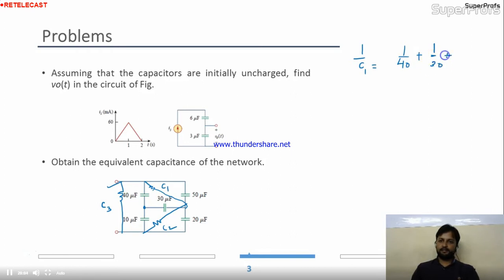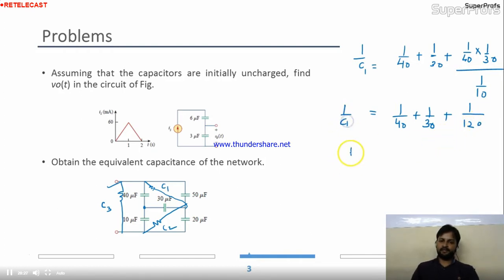In the next step, multiplication of both of them, 1 by 40 into 1 by 30, divided by the remaining one. The remaining one is nothing but 1 by 10. Is it clear to you? So 1 by 40 plus 1 by 30 plus this 10 will go upside and it will be 120.